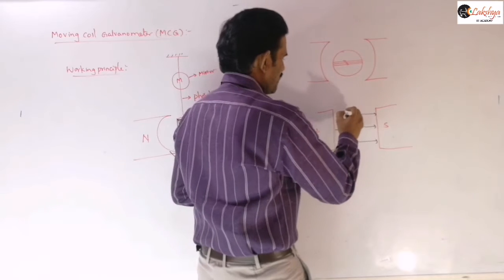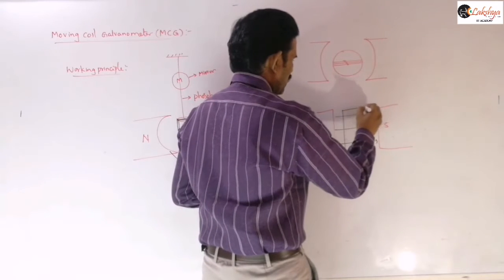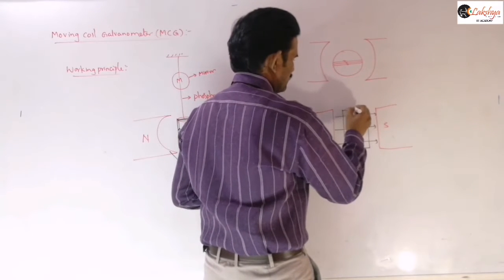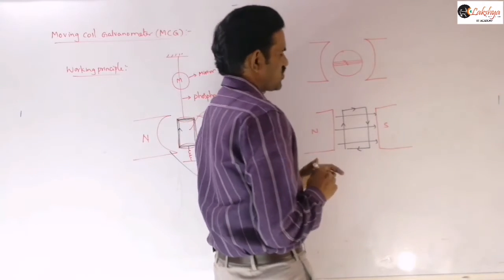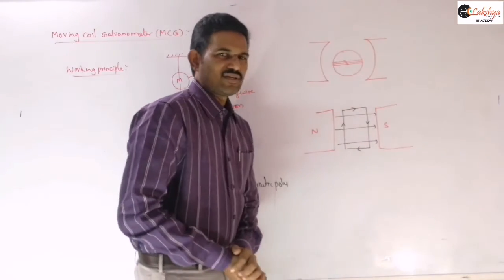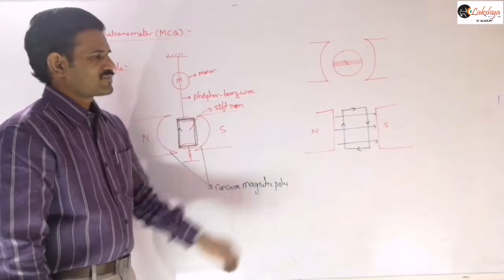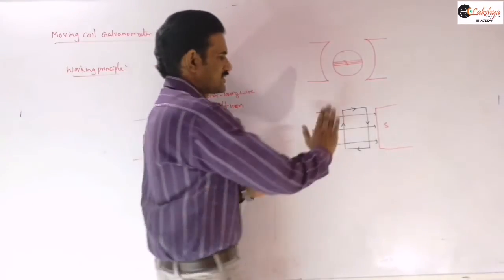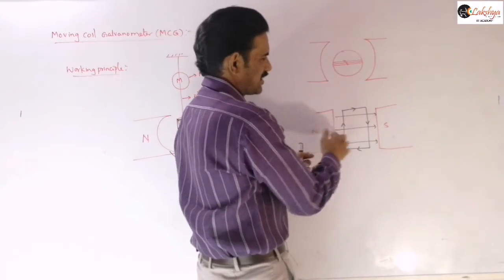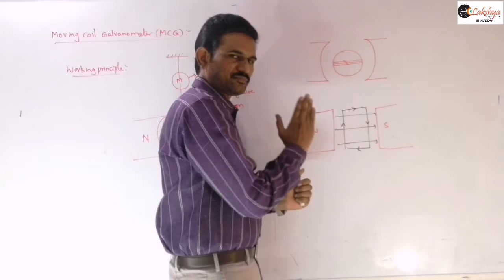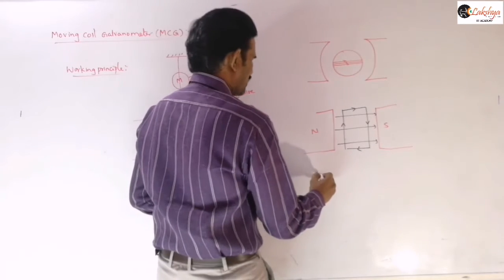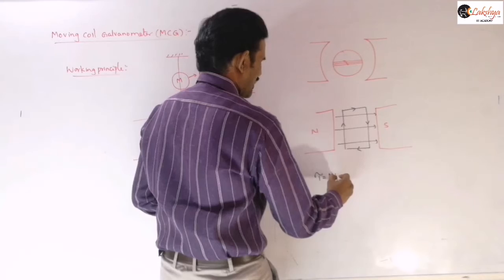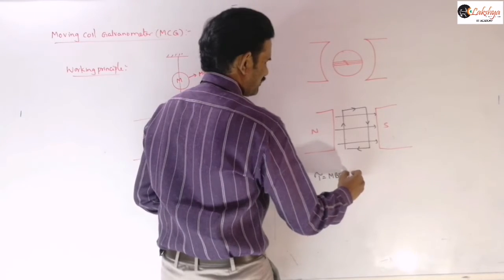Now suppose I place a current carrying coil inside this. Initially the rectangular current carrying coil is placed like this. Once the coil is placed like this and current is allowed to pass through it, maximum torque acts on it, because our torque expression is MB sin theta, right?